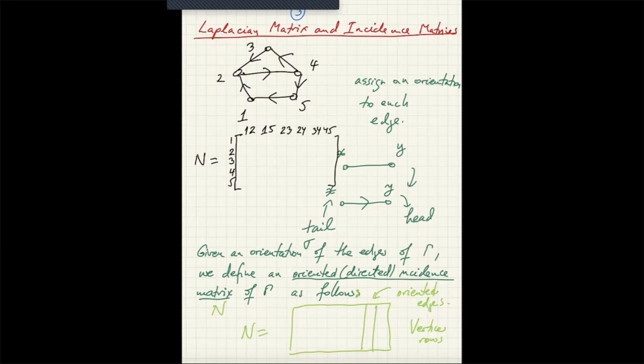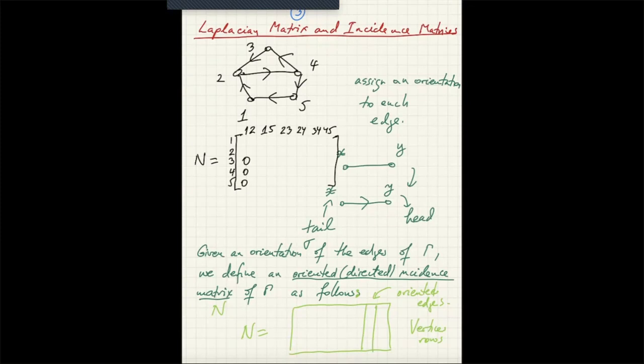Okay, these are the edges. I don't put the orientation in them, but that will play a part in a second. And now the entries are as follows. It's similar to the matrix that we defined before when we did the handshaking lemma. In the column of 1 2, we put 0 for every vertex that's not involved in 1 and 2.